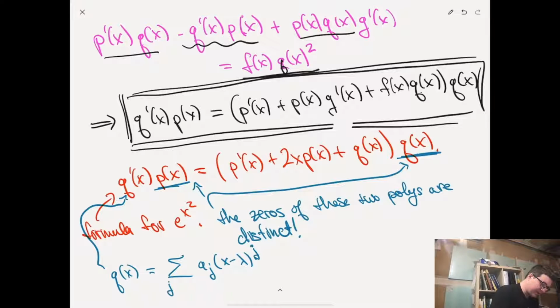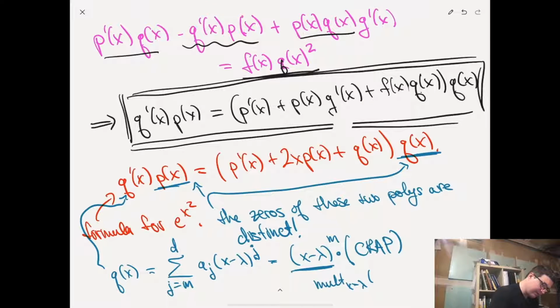Okay, and this goes from j equal to the multiplicity up to d. So this looks like x minus lambda to the m times some other stuff here. Okay, and so this is the multiplicity at x equal to lambda, the multiplicity of the zero of this.